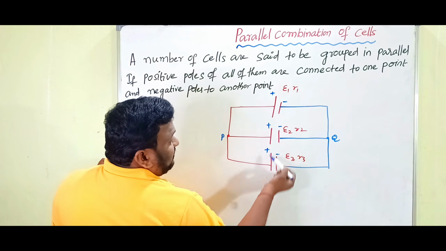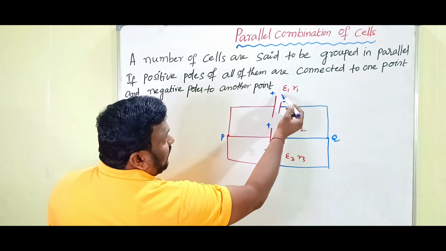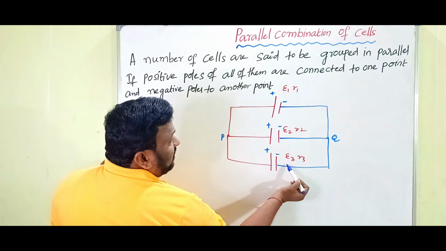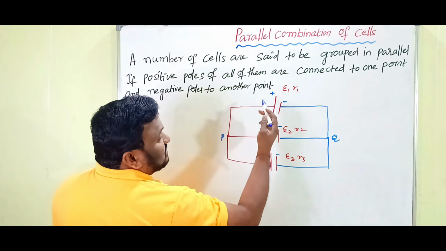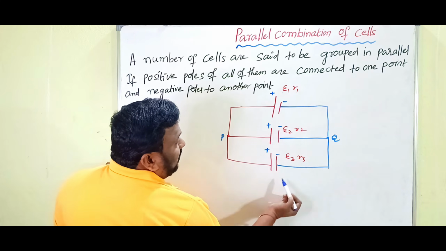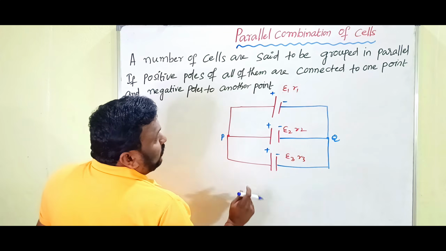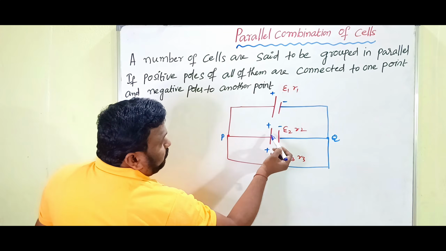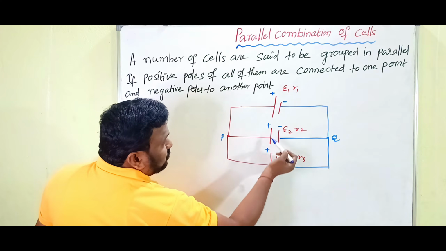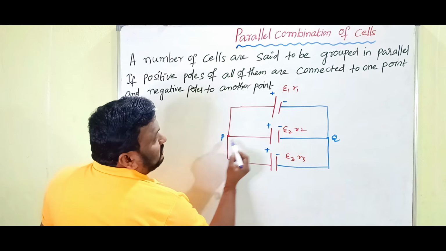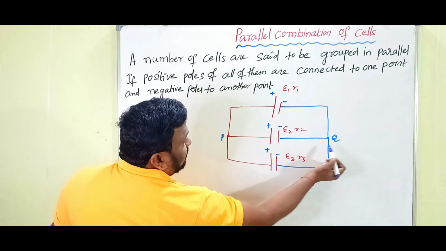We are taking three cells. In those, epsilon 1, epsilon 2, epsilon 3 are the EMFs of the cells and R1, R2, R3 are the internal resistances of the cells. In parallel combination, the positive poles are given to one point and negative poles are given to another point.